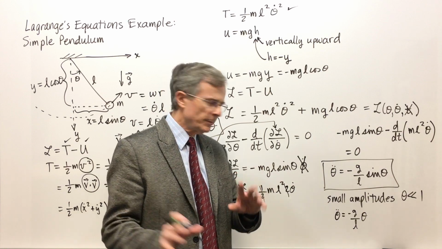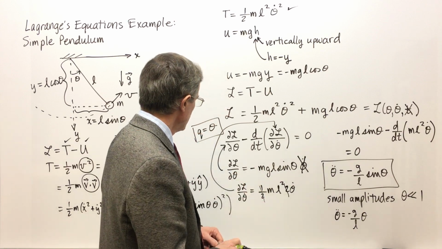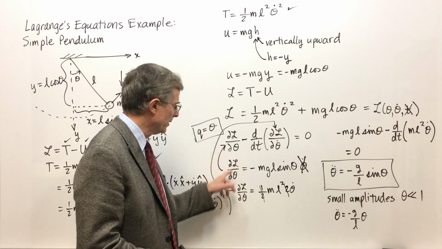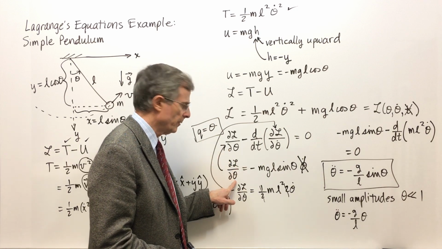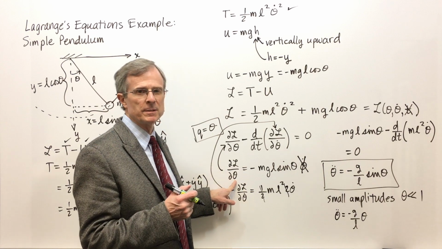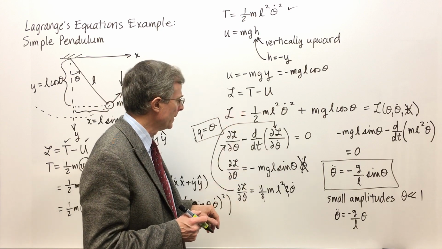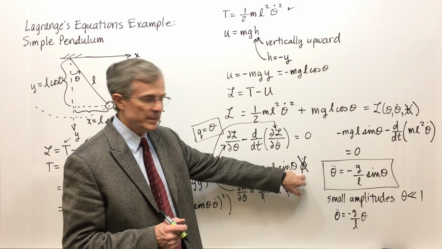So just a couple of takeaways from this. First of all, be careful about taking these derivatives of L with respect to theta, and remember that you're taking it with respect to some generalized coordinate, in this case theta, and you don't have to take the derivative of the inside.